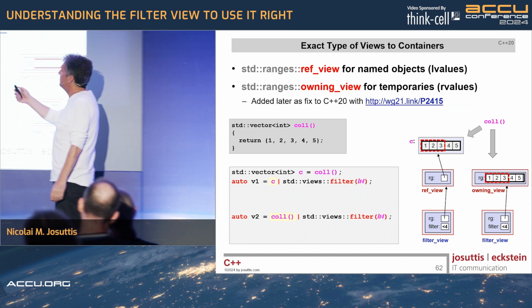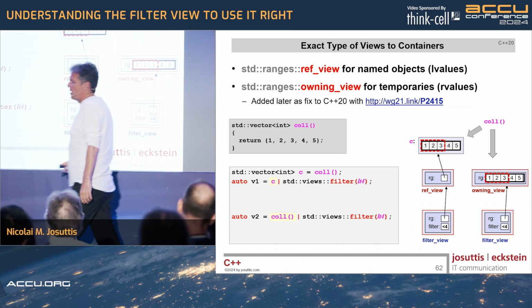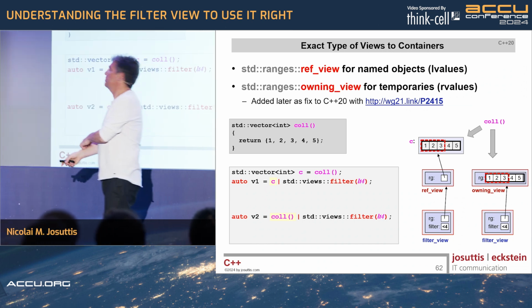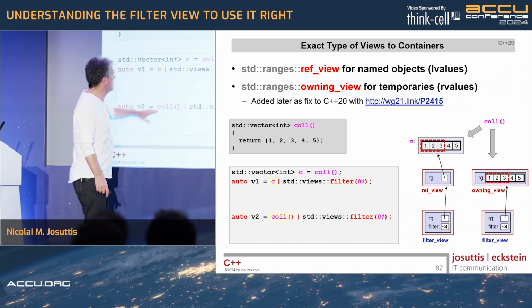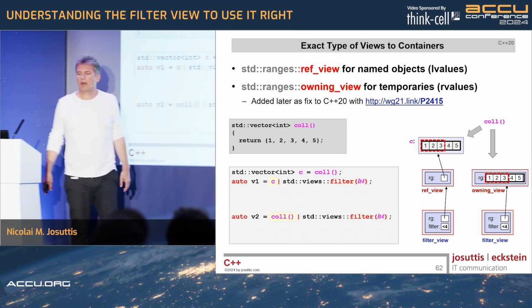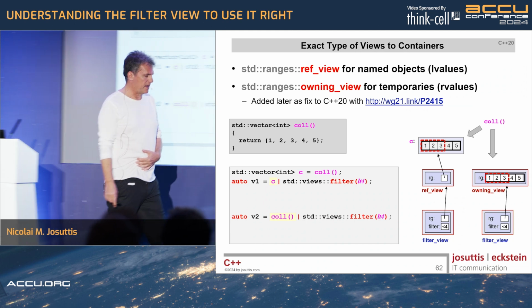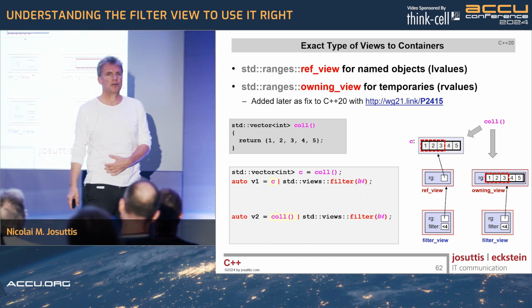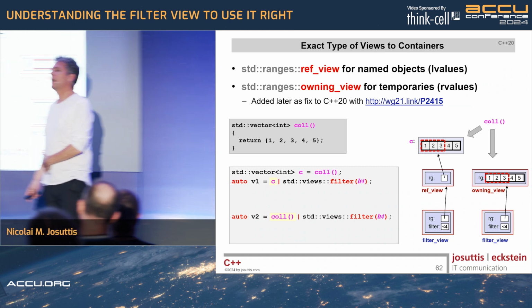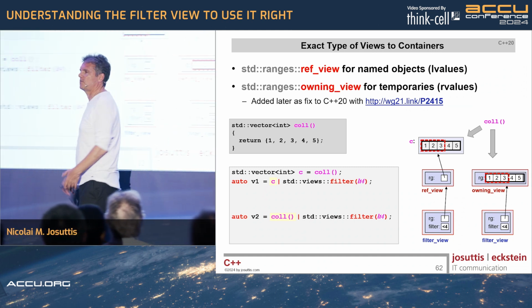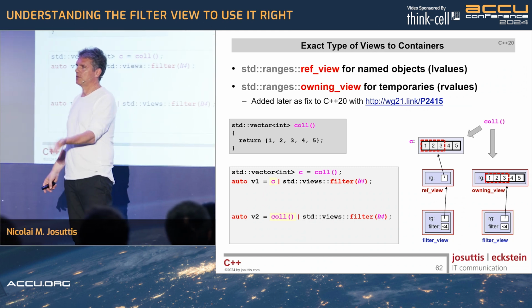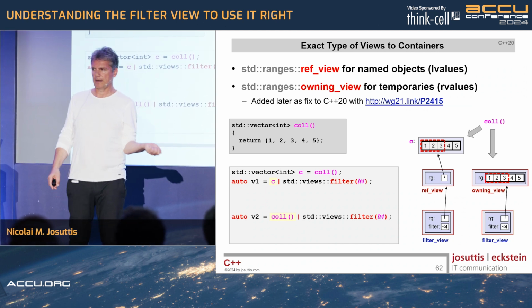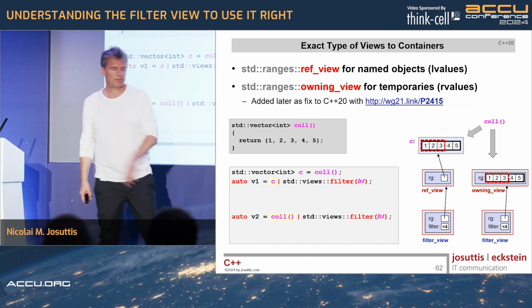By the way, owning views were not part of the C++ standard. Initially, this would not compile. They came as fake bug fixes. So it was not a bug fix, this was a feature increase, but we called this a bug fix. And so it's officially part of C++20, but you will not find anything about owning view in the C++20 standard manual.